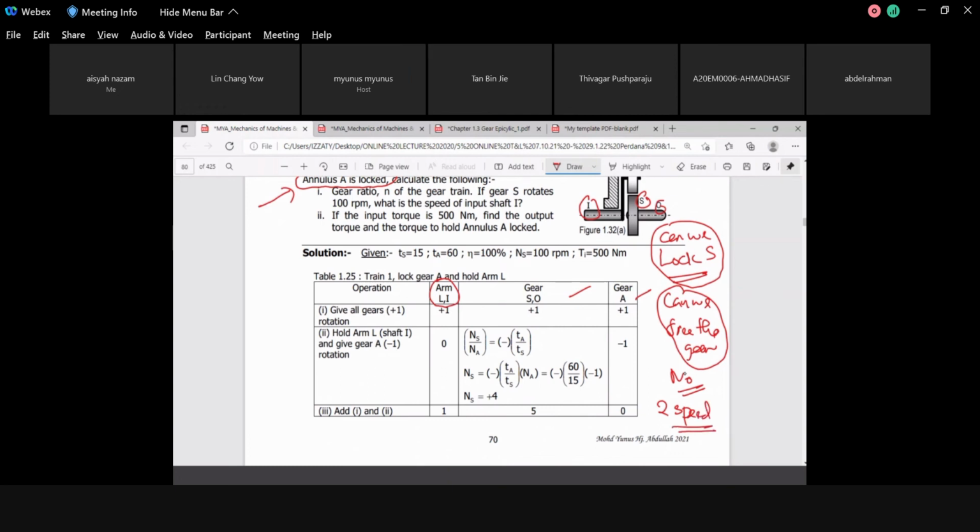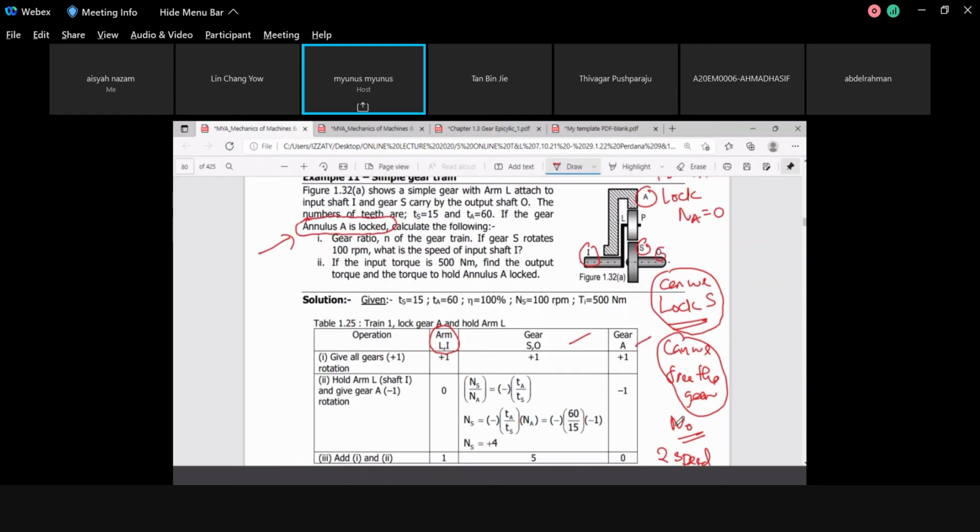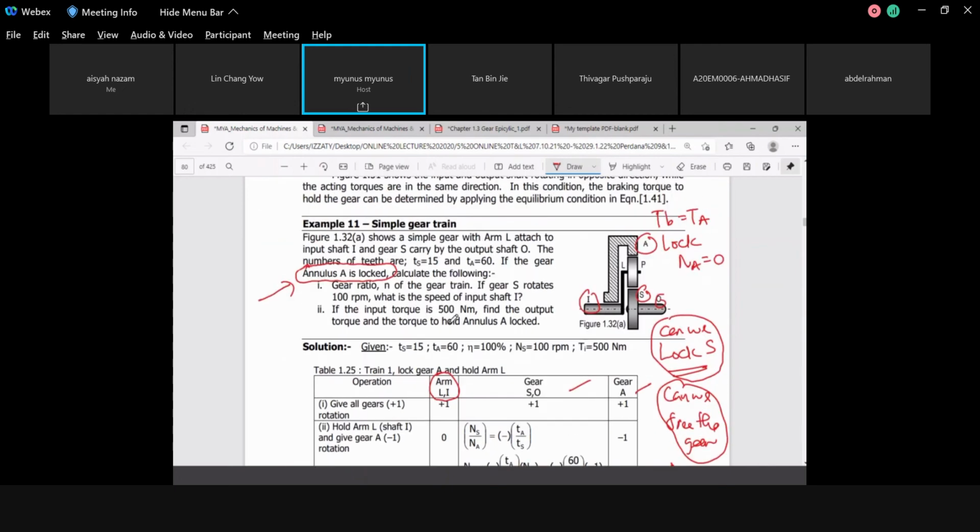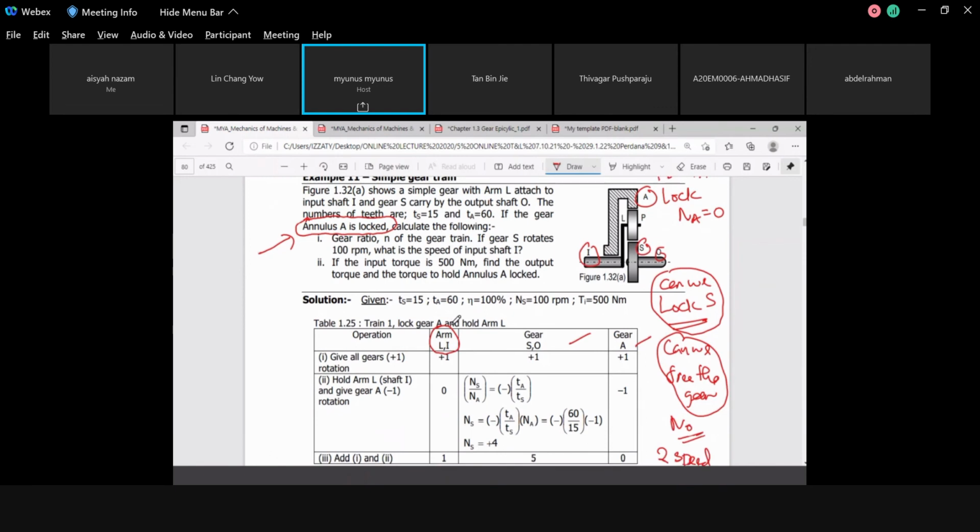You need the speed. Do we have a speed? No. So you cannot free the gear because there is no speed mentioned in the question. So you have only one solution, which is to lock the gear, because they don't provide any speeds. Remember that, yeah? If you want to free the gear, two speeds must be given. Doesn't matter whether it is one train or two trains. Is that clear?